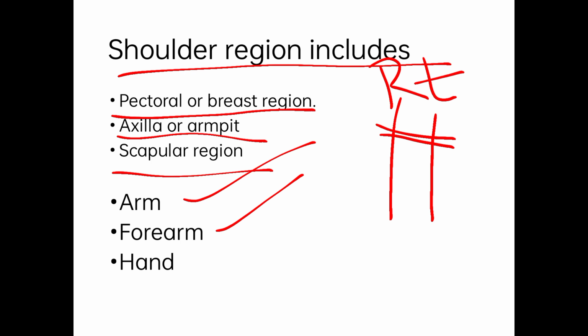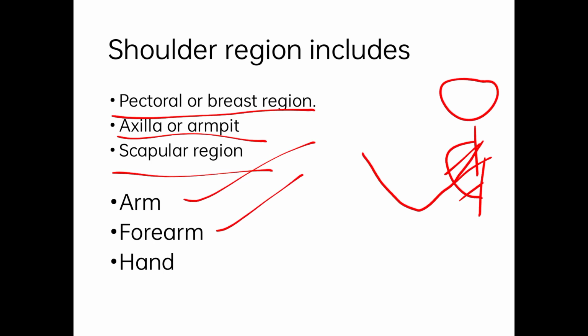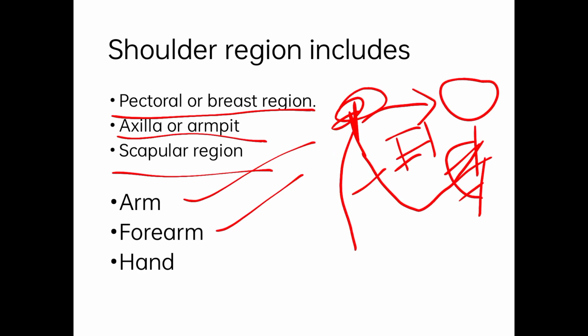So while flexion, consider that here is your face. This is your ribs, here is your hand, this is arm, this is your forearm. When the hand is coming near to the face, this movement is called flexion. When the hand is going away from the face, this movement is extension.